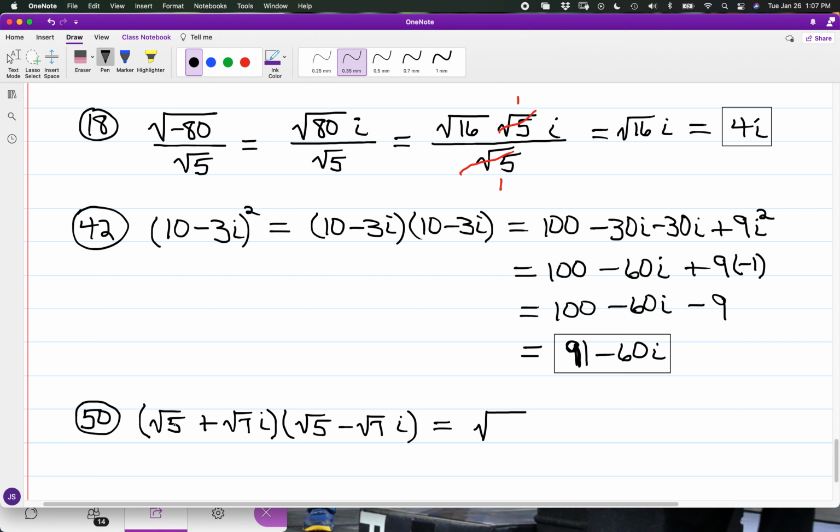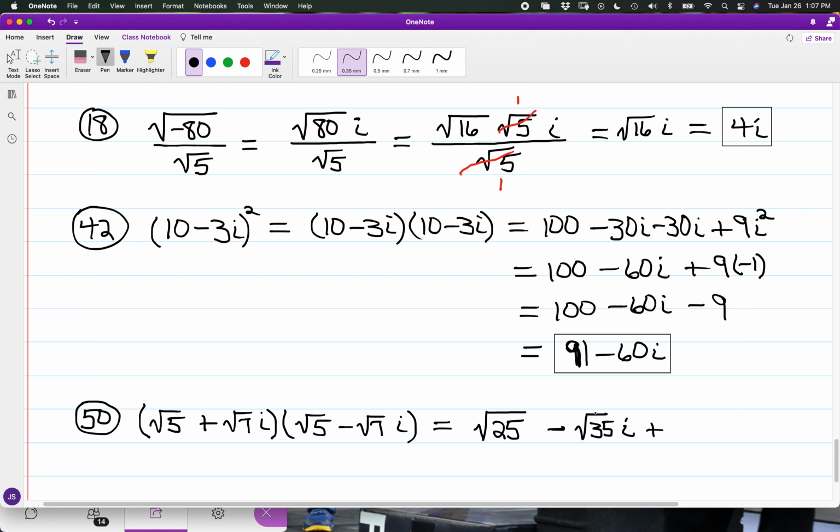So you have the square root of 5 times the square root of 5. This will become the square root of 25. Outside product, positive times a negative is a negative: square root of 5 times the square root of 7, we have the square root of 35, and again the letter i is going to be attached.